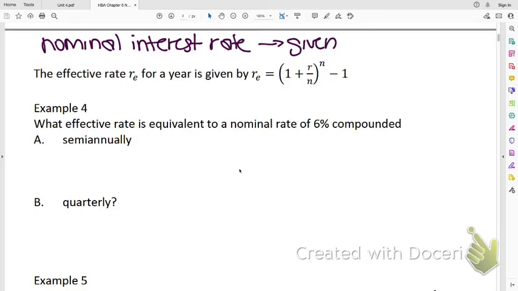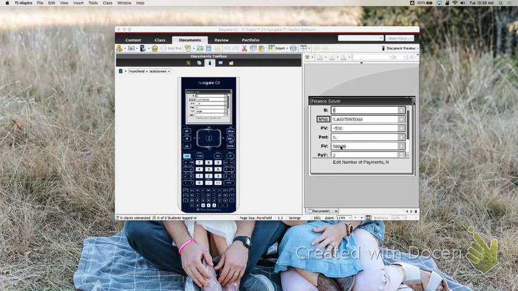Okay, so I'm going to pull my calculator up again, and I'm going to show you where to find this. This is also under the finance menu. It's just not in the same solver. So if you want to take a nominal interest rate and change it to an effective one or vice versa, for the Inspire people, you're going to go to menu and use finance again. Okay, so your finance menu.